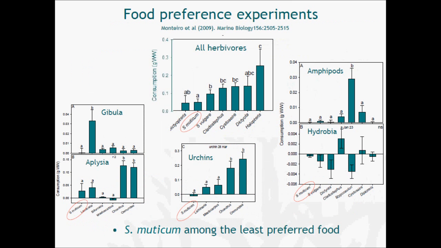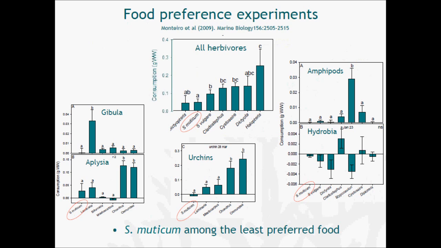So we did some food preference experiments with many herbivores: for gibbula, for aplysia, for sea urchins, for amphipods, and all of them together. Sargassum muticum is among the least preferred food for the local herbivores.